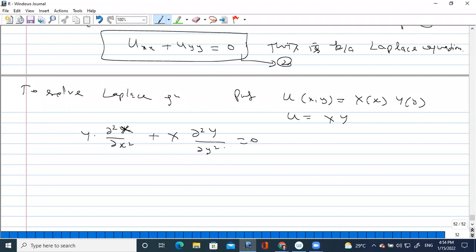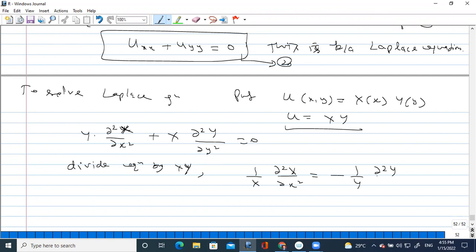Now in this equation, what is our next step? You divide the whole equation by XY. So what it will become? (1/X) d²X/dx² is equal to minus (1/Y) d²Y/dy².